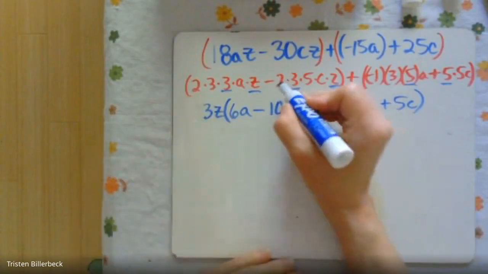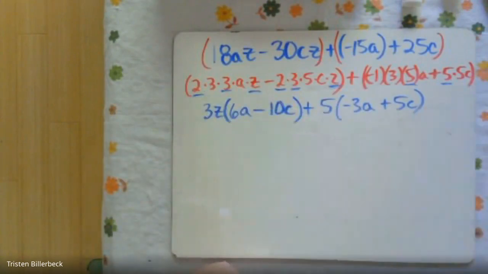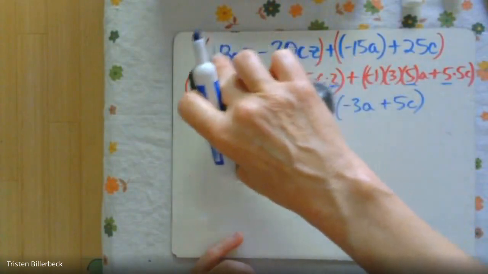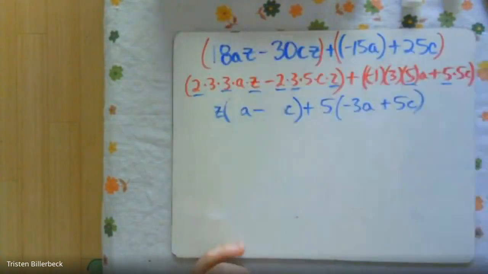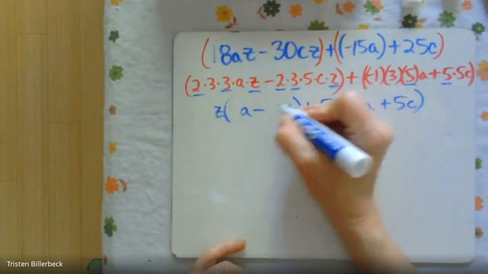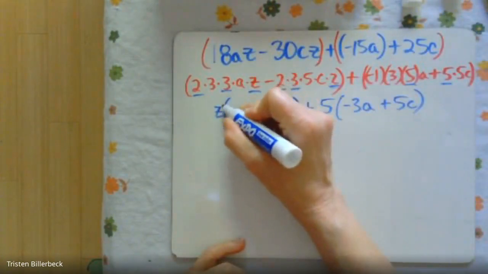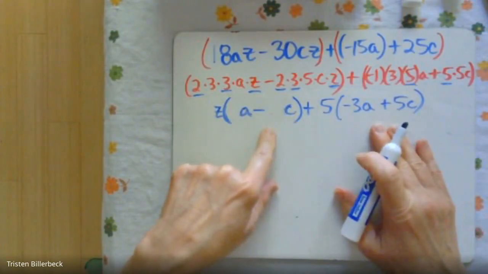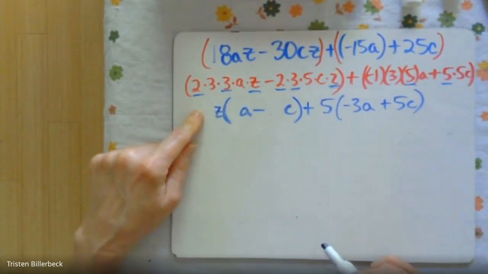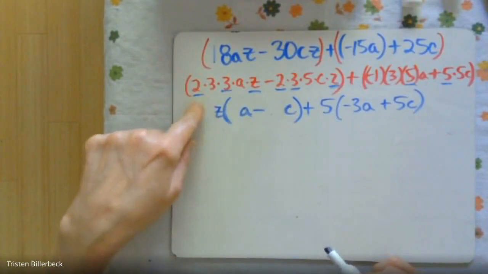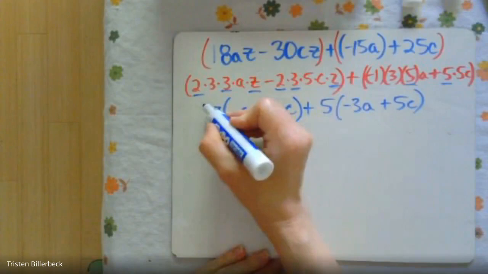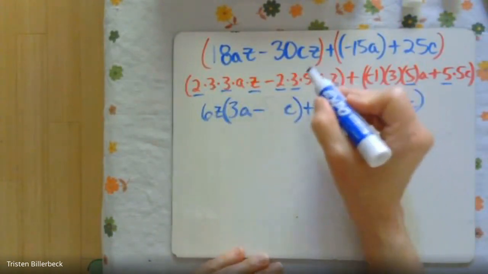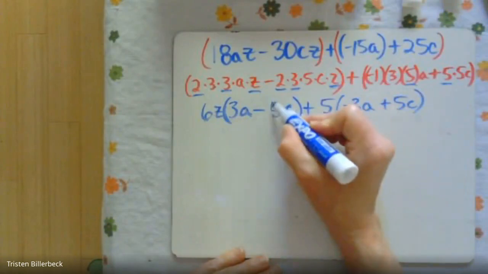Okay, so we also could have taken a 2 out. So let's do that. Sometimes we miss something when we're factoring by grouping; when this isn't the same as this, that means we missed something. So 2 times 3 is 6z, which leaves us just 3a, and in here we just have 5c.